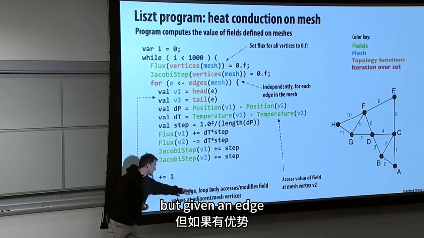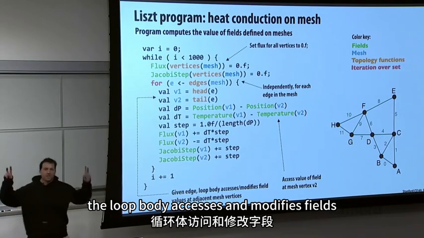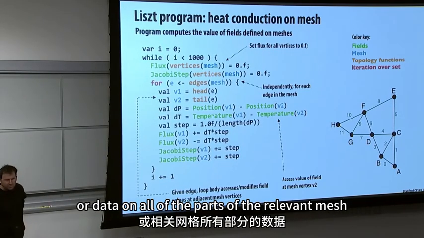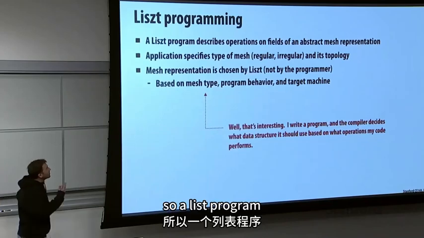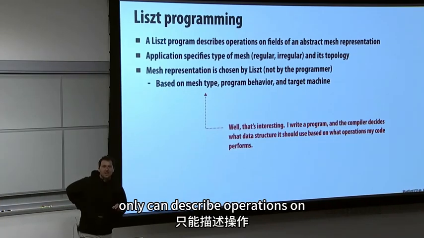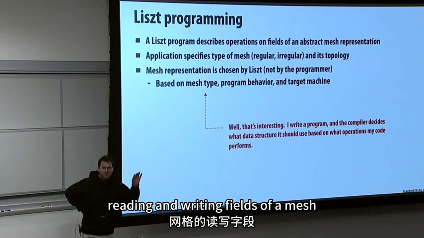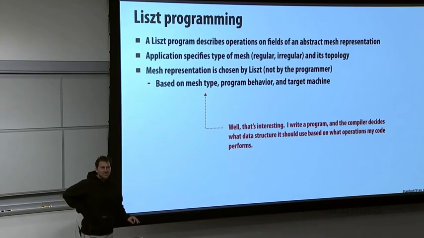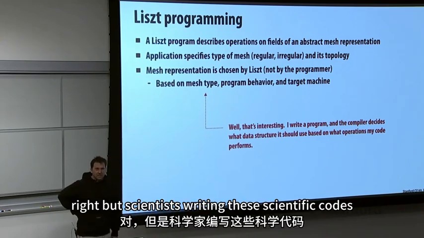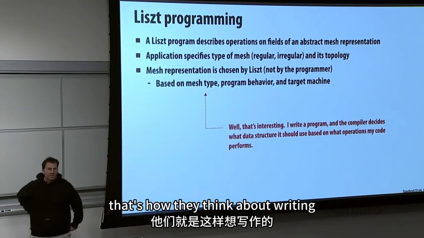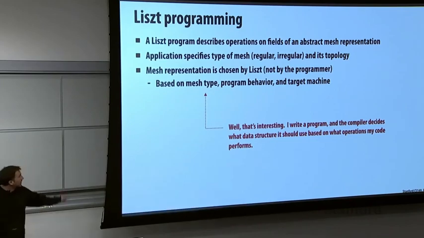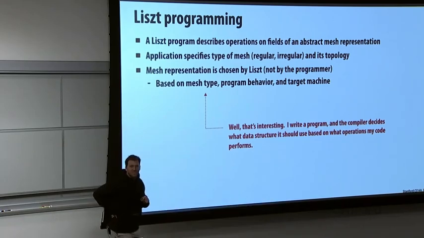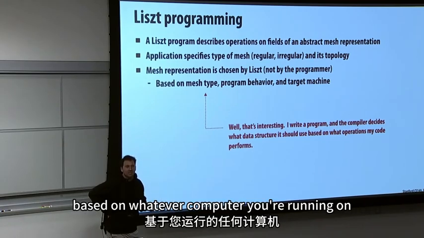But given an edge, the loop body accesses and modifies fields or data on all of the parts of the relevant mesh. So a Liszt program can only describe operations on reading and writing fields of a mesh. That's the only thing they can do. Right? But scientists writing these scientific codes, that's how they think about writing their codes. And the mesh representation is chosen by Liszt for you based on whatever computer you're running on.